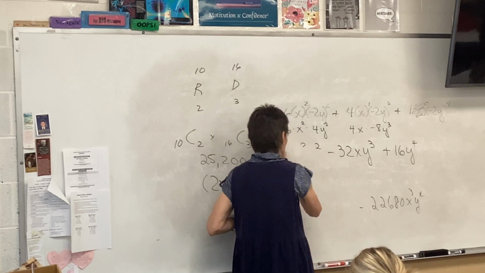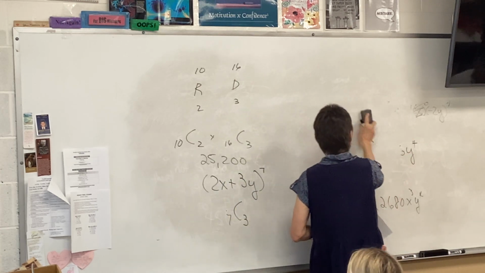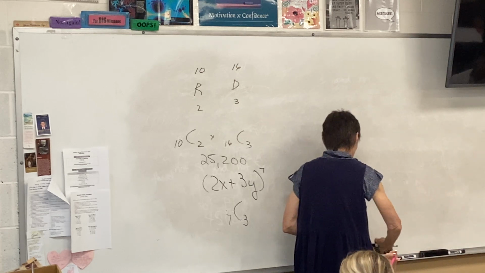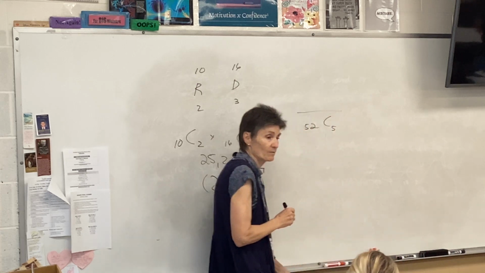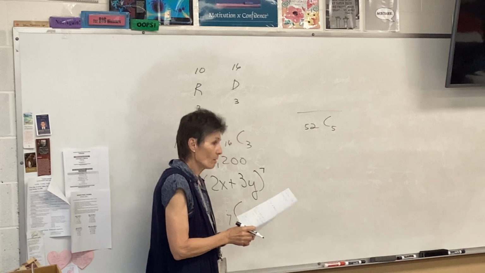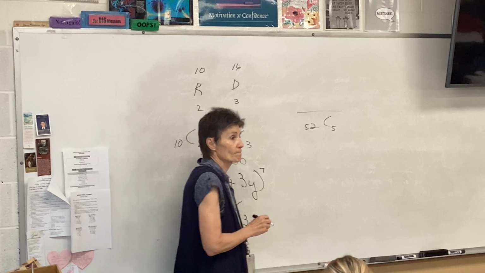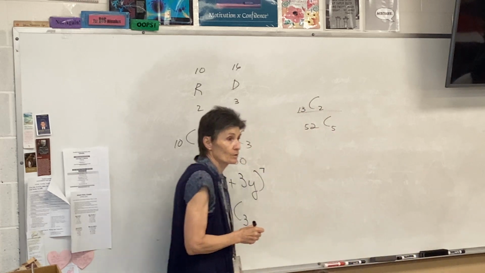All right, probability of getting 2 diamonds and 3 clubs. 52C5 is your denominator. It's a 5-card hand. Now, my numerator, I want 2 diamonds. How do I get 2 diamonds? 13C2. 13 diamonds.